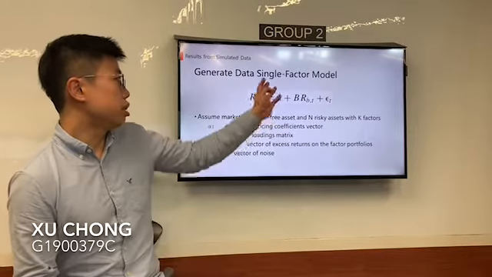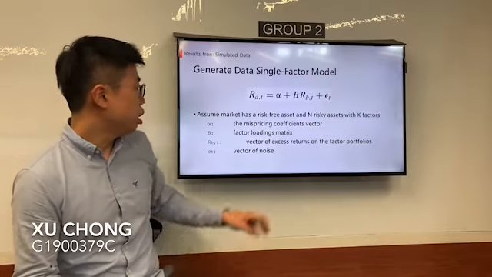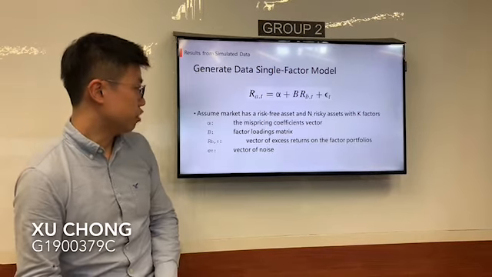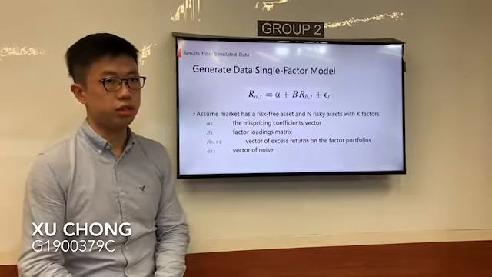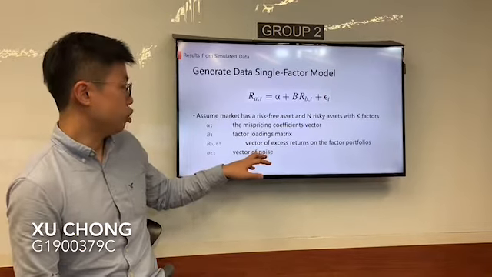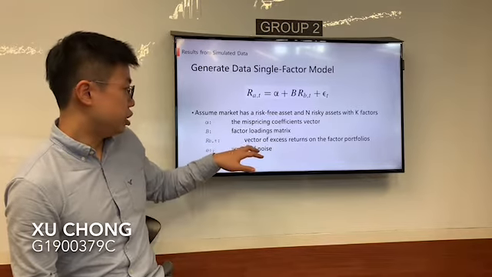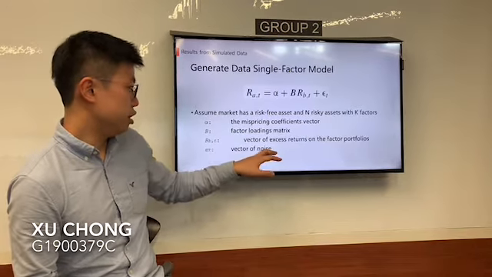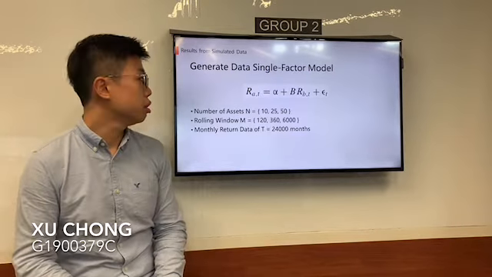Since we assume a single factor model, we set k equals 1. The alpha is the mispricing coefficient. The B is the factor loading vector that is uniformly distributed between 0.5 and 1.5. The R_B,t is the excess return vector on the factor portfolio, and E is the error terms.